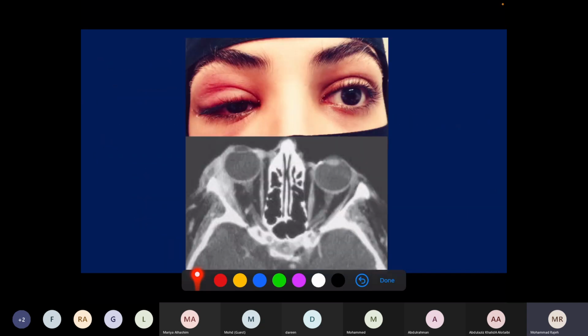Okay. Orbital inflammation, approach it like orbital cellulitis in the exam. Of course, you can see there's no sinusitis. It's more acute than infectious etiology.